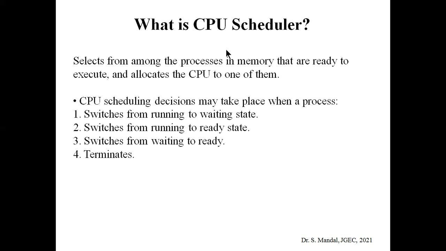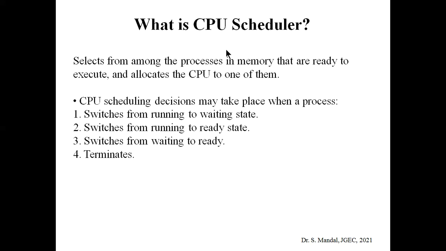So first of all, what is CPU scheduler? I already told that basically the function of CPU scheduler is to select among the processes in memory that are ready to execute and allocate the CPU to one of them. Okay, in the ready queue there are lots of processes ready to be executed, but we need to assign CPU to each of them one by one.